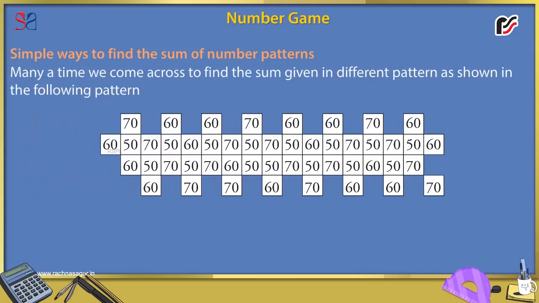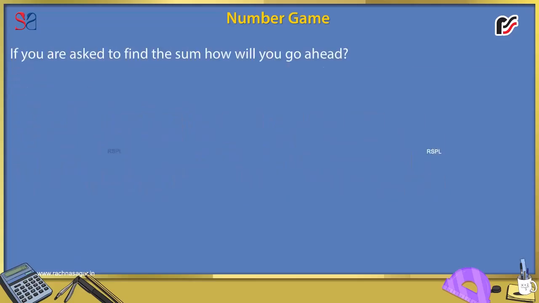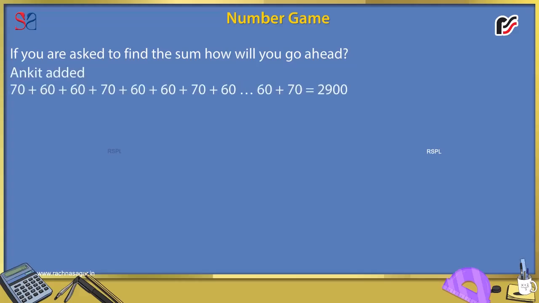Simple ways to find the sum of number patterns. Many a time we come across sums given in different patterns as shown in the following pattern. If you are asked to find the sum, how will you go ahead? Ankit added 70 plus 60 plus 60 plus 70 plus 60 plus 60 plus 70 plus 60 plus 60 plus 70, which is equal to 2900.